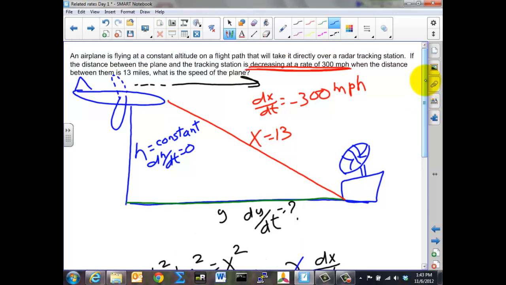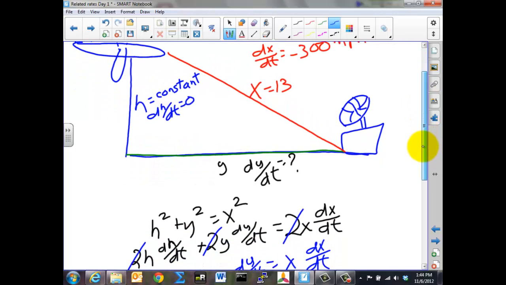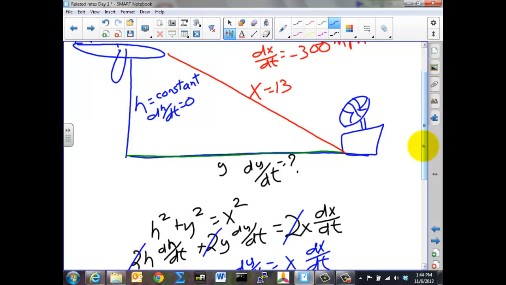Does everybody agree, if we had something for h, because that's the observation I wanted you to see, if we knew that he was flying at a constant height of 5 miles, let's do that. We're changing the problem on the fly. So he's flying at a height of 5 miles. How does that help us now?